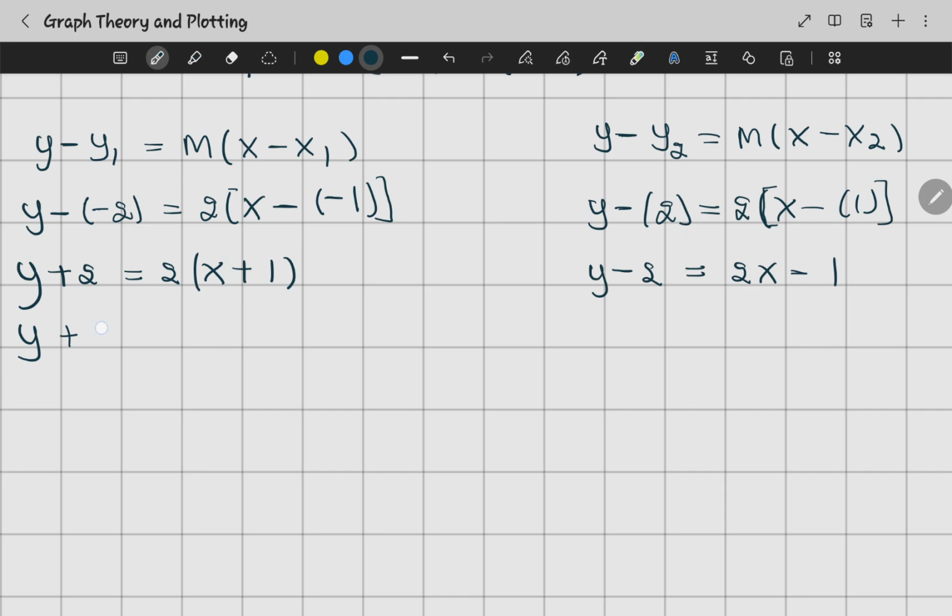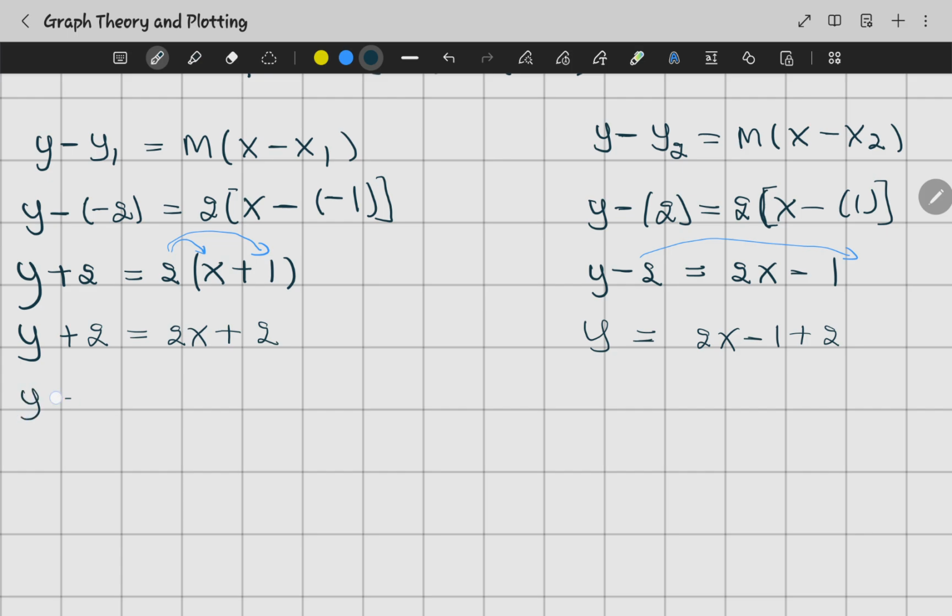Okay, positive 2 equal 2 times x, it's going to be 2x, 2 times 1, it's going to be 2, because we just do this. Okay, and then here it will be y equal, so let me just go with y equal 2x negative 1, and then if you move this to the other side, it will be positive 2.